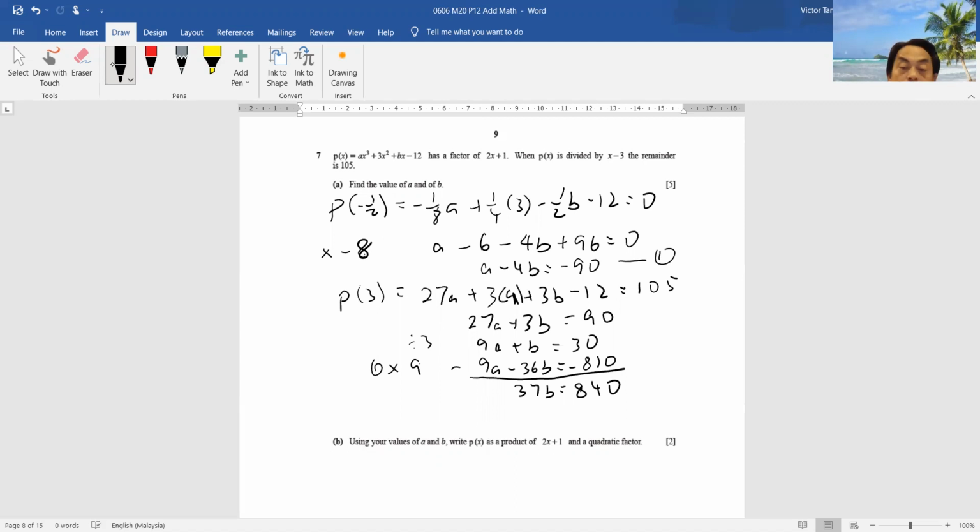So 840 divided by 37. Answer should not be so complicated.